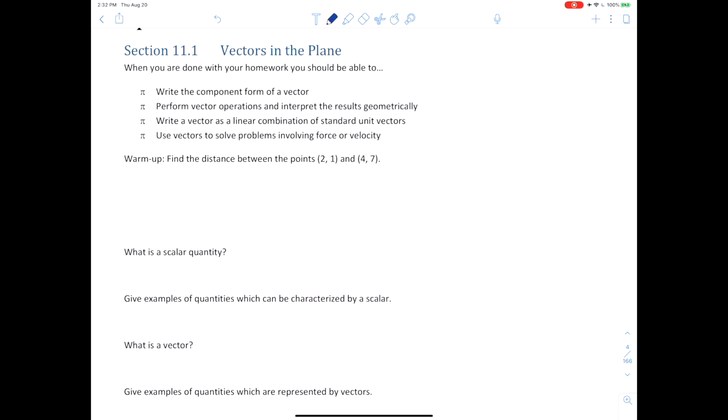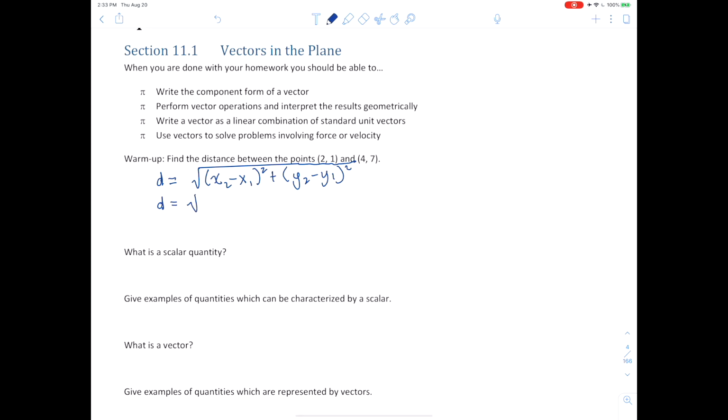If you recall, the distance formula is distance equals the square root of x2 minus x1 squared plus y2 minus y1 squared, that quantity. And so it doesn't matter which point you use first as long as you keep them in the same order.